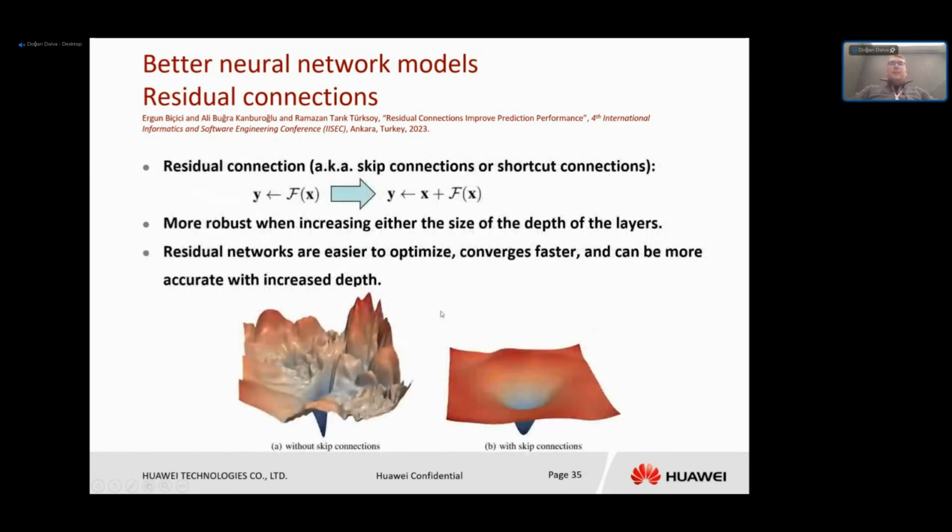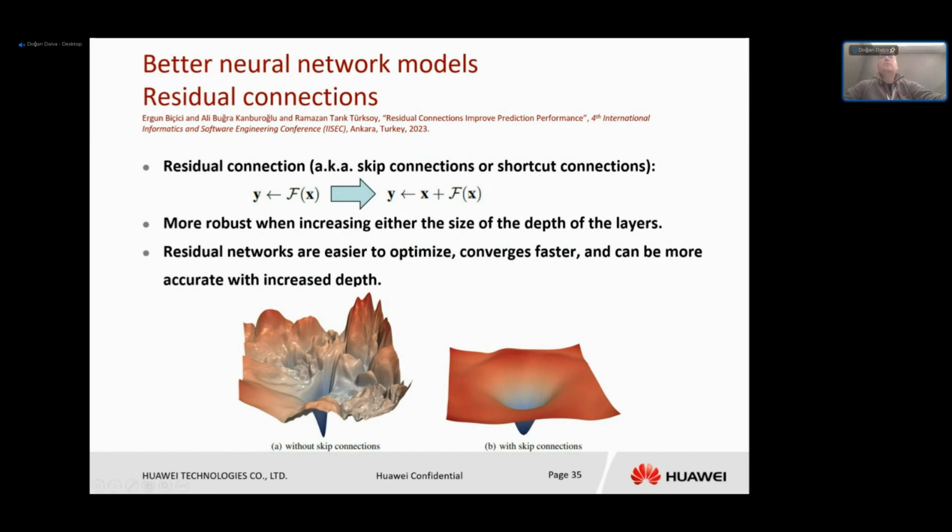Residual connections are skip connections or shortcut connections. Given a model F that transforms the input X to produce the output Y, we add the input to the network as additional input, so that we don't forget the input.